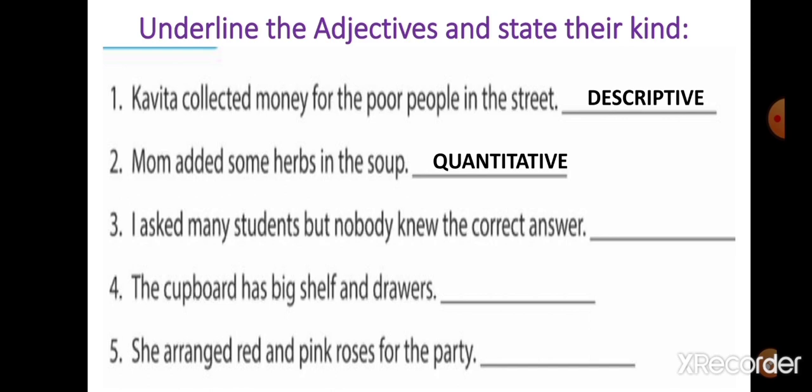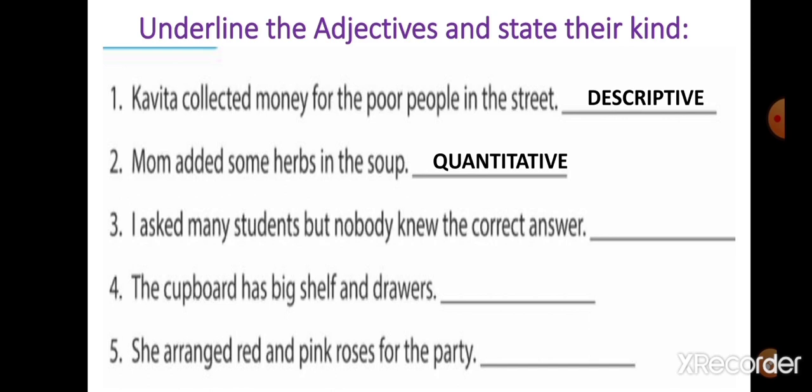I asked many students but nobody knew the correct answer. Before solving anything, first read the sentence properly. So here we have two adjectives. Asked, no. Asked will not be an adjective.